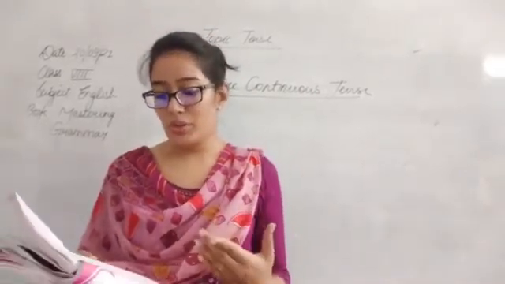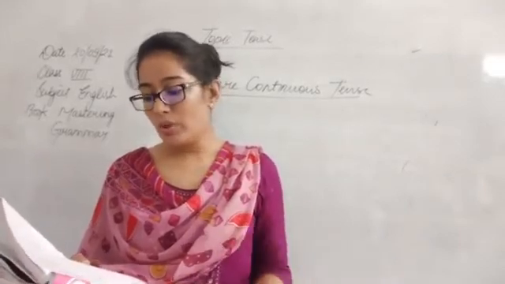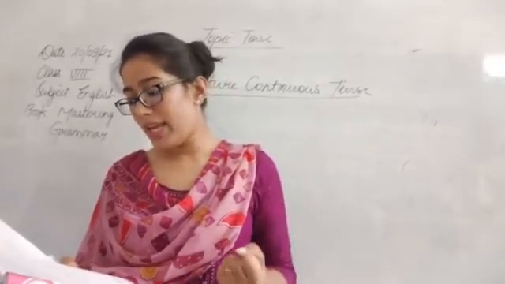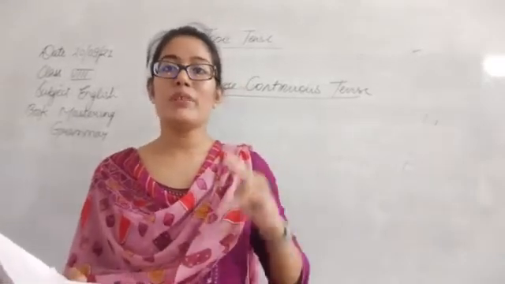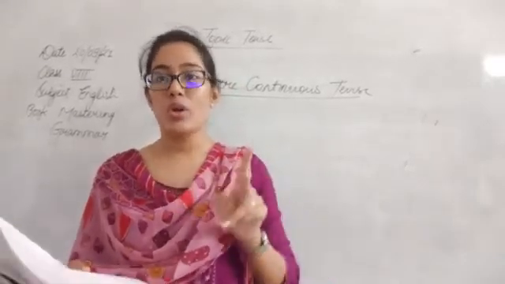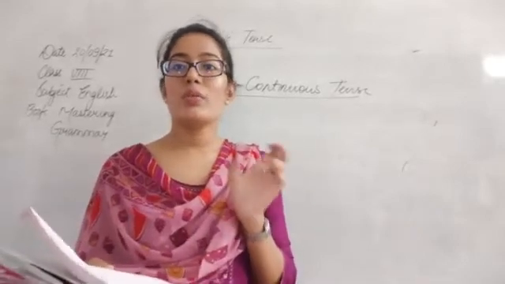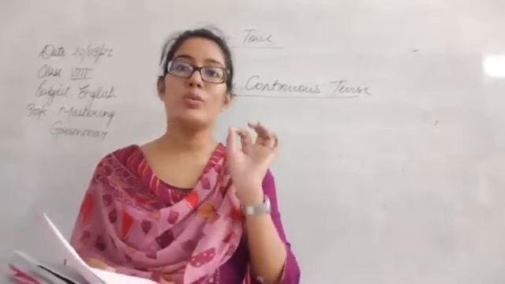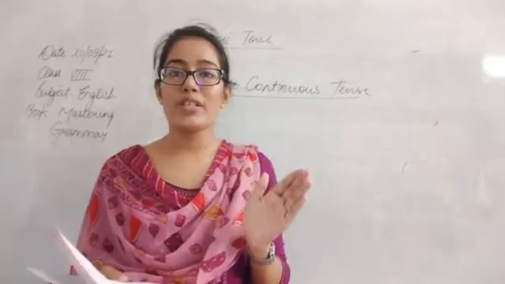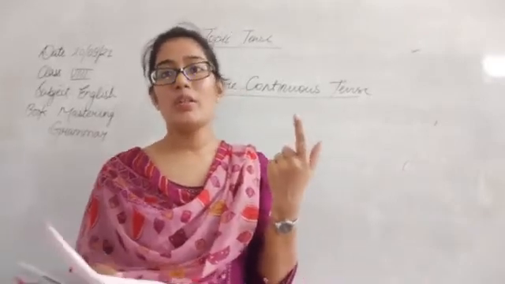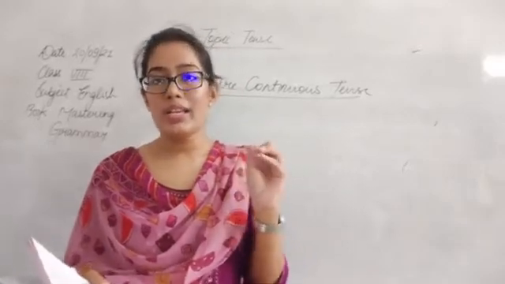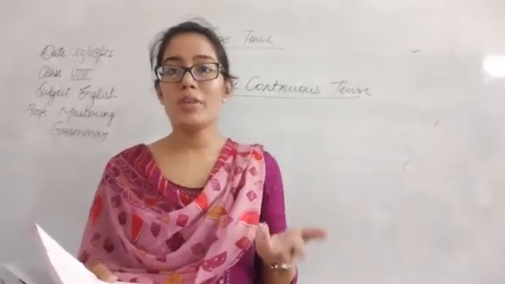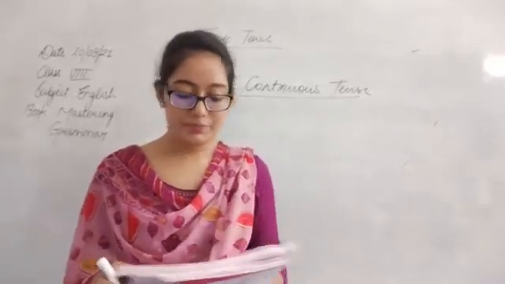To refer to a longer ongoing future action interrupted by another shorter future action. So two actions are taking place, one is a longer one and one is a shorter one. To represent this type of action, where one is the longer action and one is the shorter action, and these both are interrupted by one another.